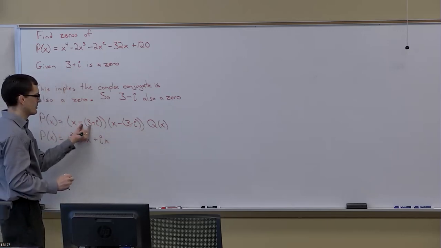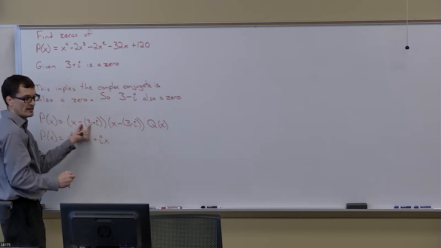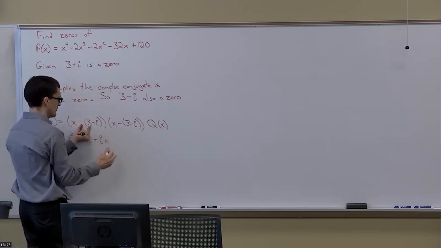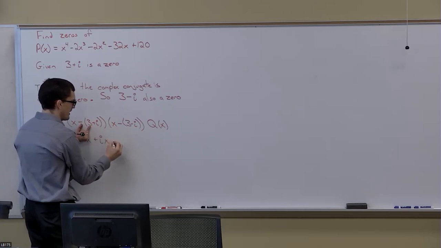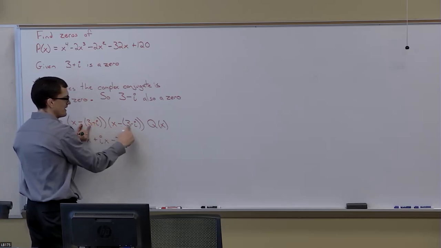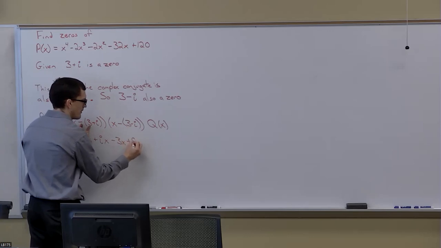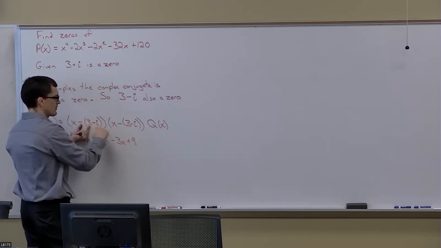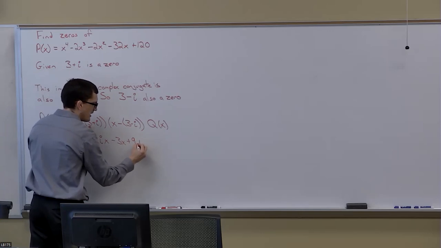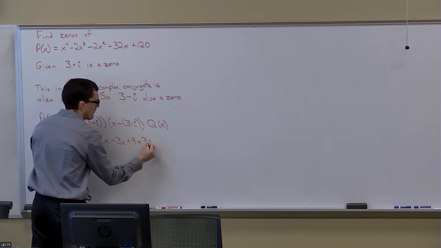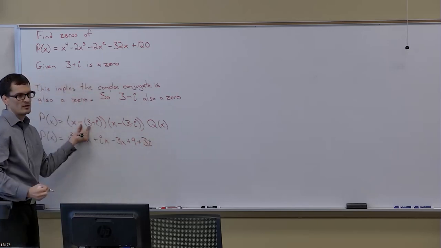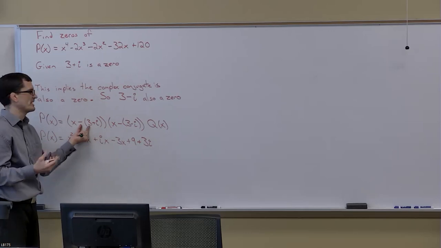Now I'm going to multiply this minus 3 through. So again, minus 3 times x, minus 3 times a minus 3, minus 3 times a positive i. Look at that, I'm distributing in my head.